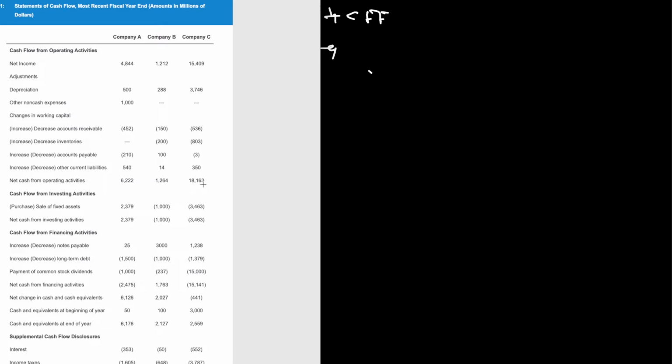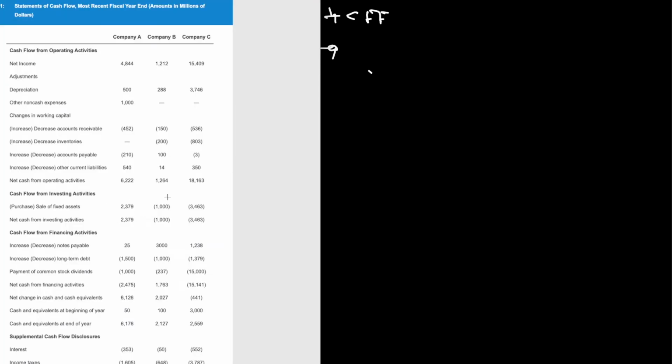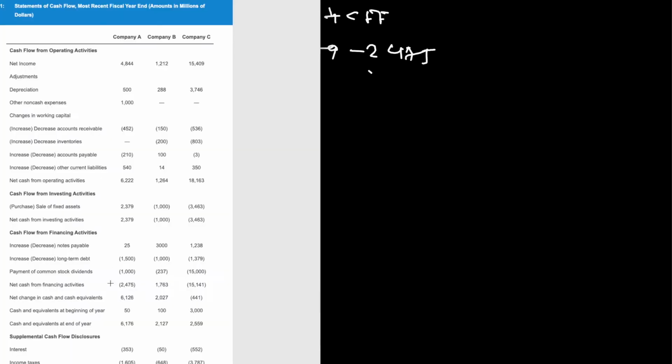2379 investments, yeah. And then net cash flow from financing, it is 2475, it is in minus, so minus 2475. If I calculate all this, it will match with this net change in cash and cash equivalents.